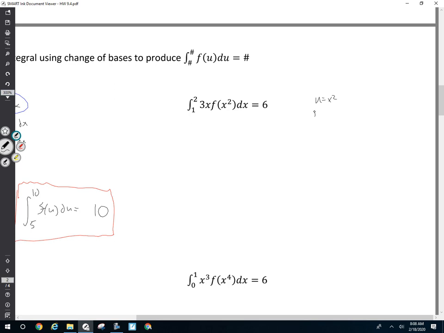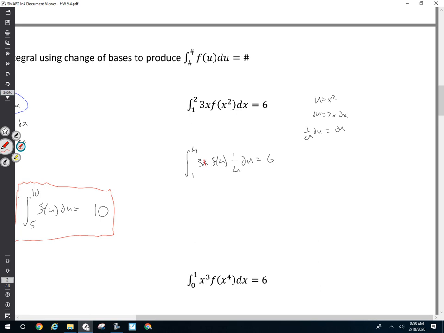Set u equal to the inside of the composition. Take the derivative, solve for dx. Sub in, change your bases. This stays as 1, this changes to 4. This is 3x, this is f of u. This is 1 over 2x du. This is still 6.